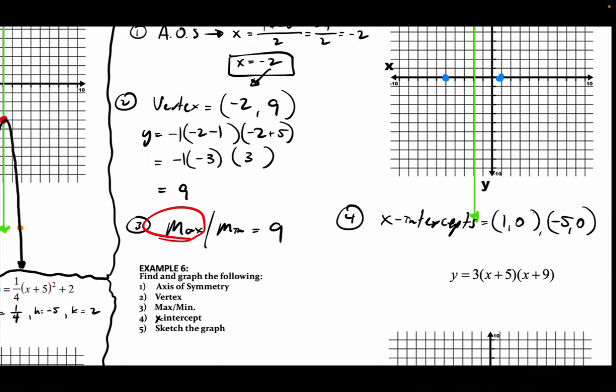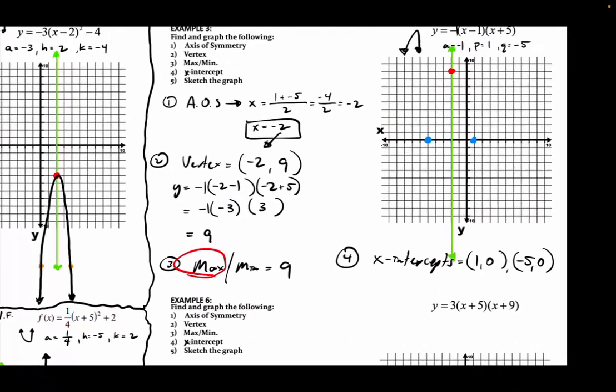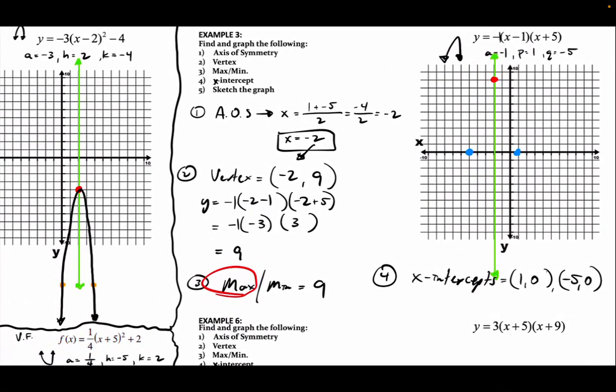That's right there. Connect the dots, you're done. Done. Okay.